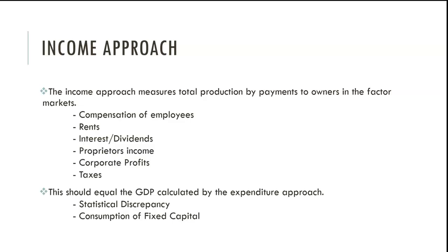We will mention the income approach during different times this semester, but mainly we'll be measuring GDP through the expenditure approach. And partly that's because it lines up better with our models for aggregate expenditures and aggregate supply and demand. But whether or not you do income or expenditure approach, they should be similar values.